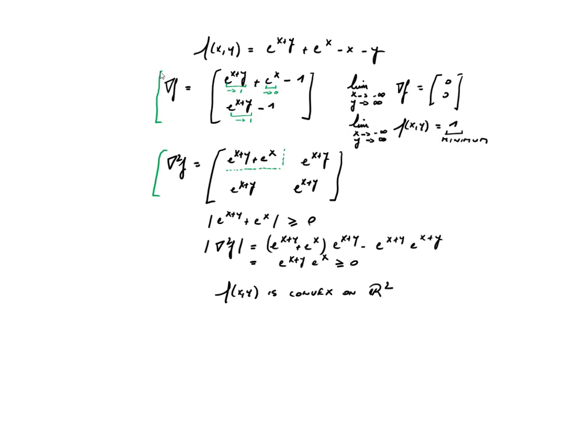It can be 0 when x tends to minus infinity and y tends to minus infinity as well. Then if we compute the determinant of the Hessian, this is what we obtain, and again here we have something that is positive or 0. So this function is convex on R square, and this minimum that we have found is the absolute minimum.